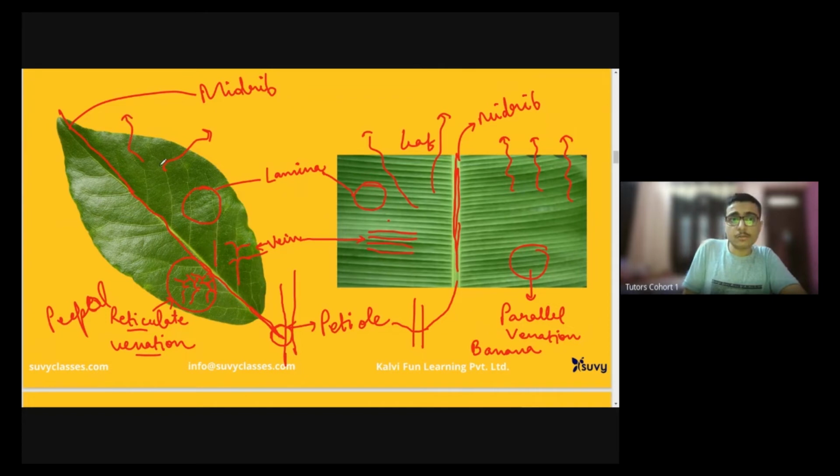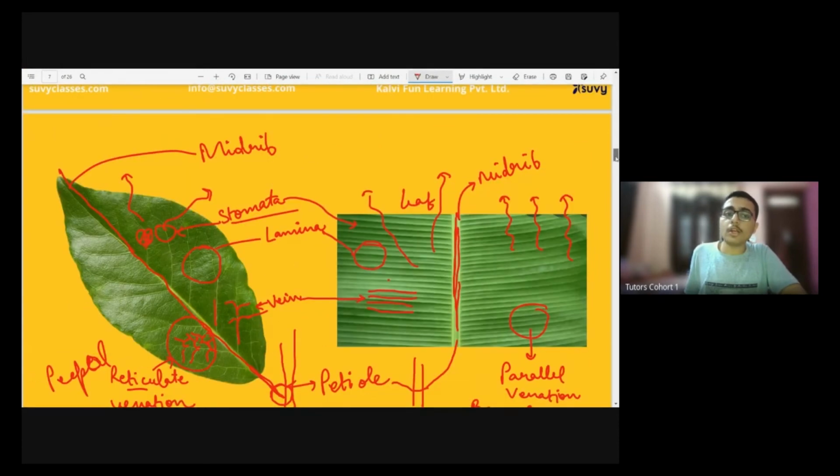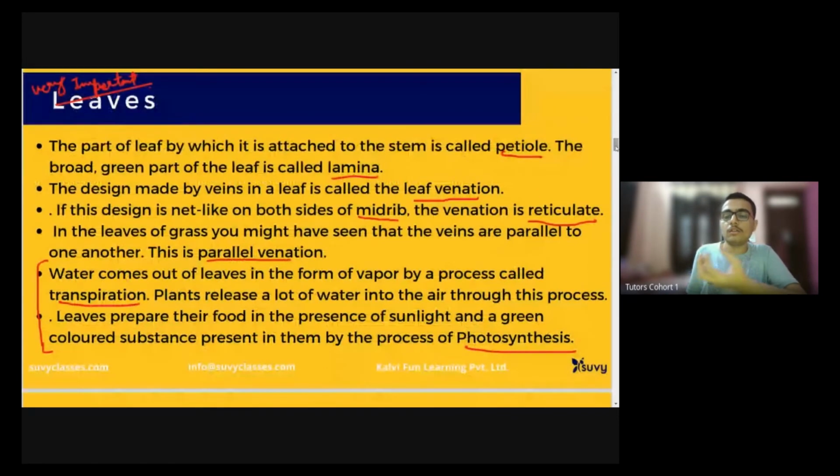It is majorly through a structure present on the surface of the leaf called stomata. Here also it is present. It's a bilobed kidney bean shape. So this structure is known as stomata, and it has two cells along it which regulate the loss of water.